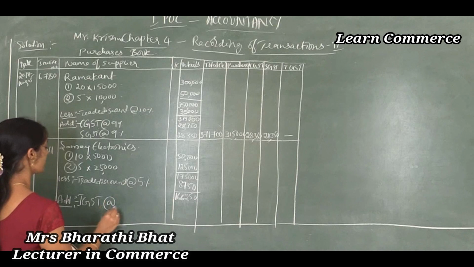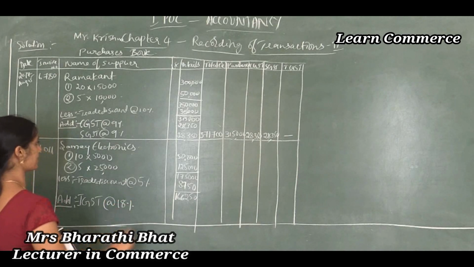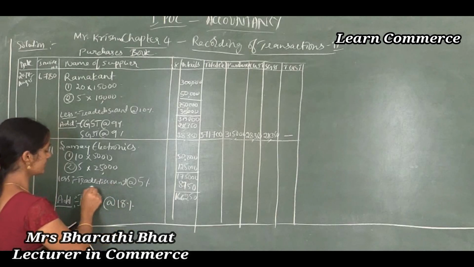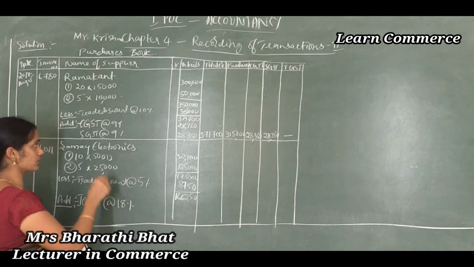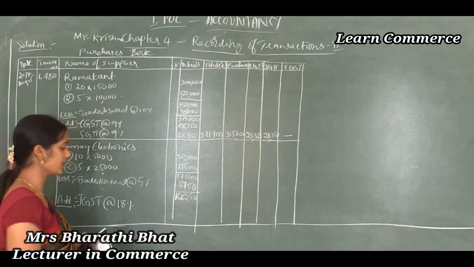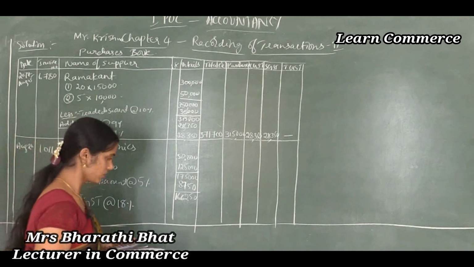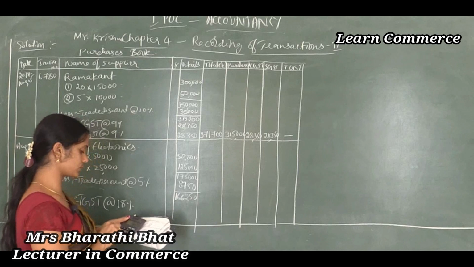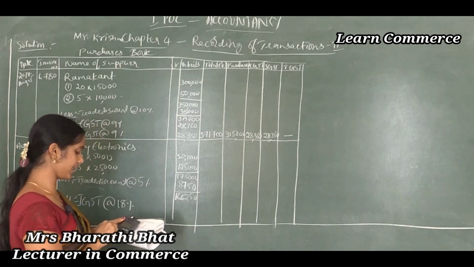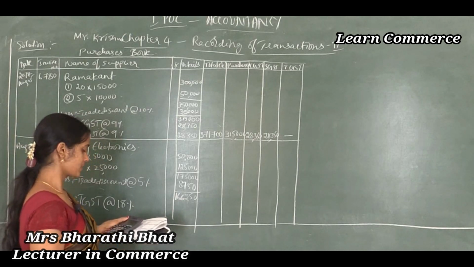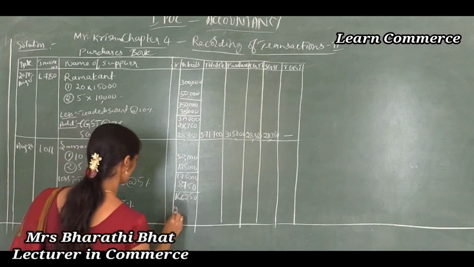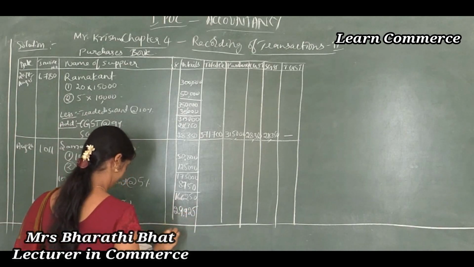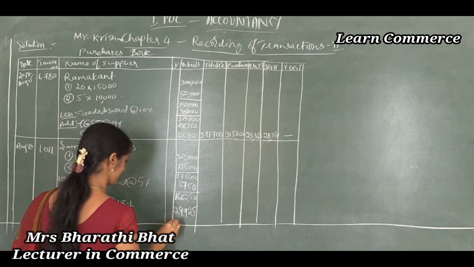At 15%, 18%, not 9% and 9%. Total this IGST combines both CGST and SGST. So 18%. So you have to calculate 1,66,250 into 18 by 100. It's 29,925. Clear?